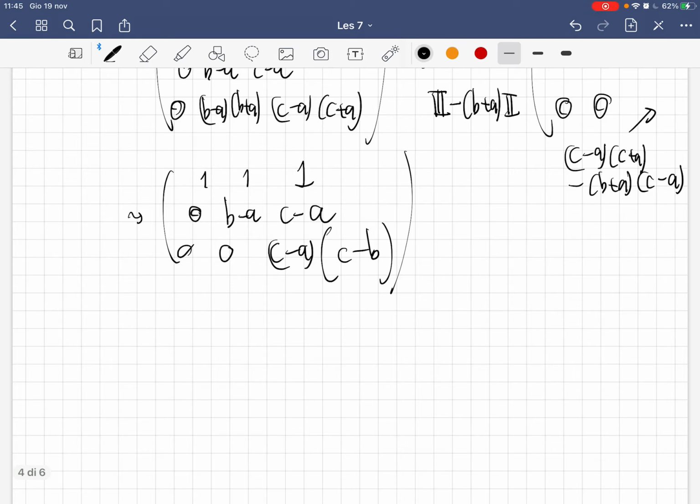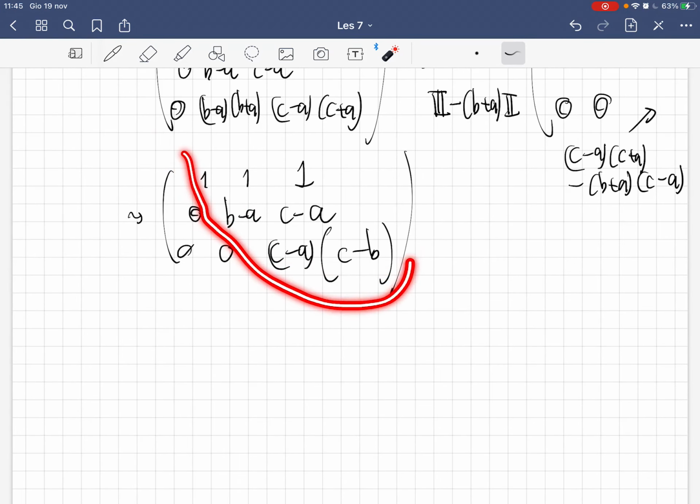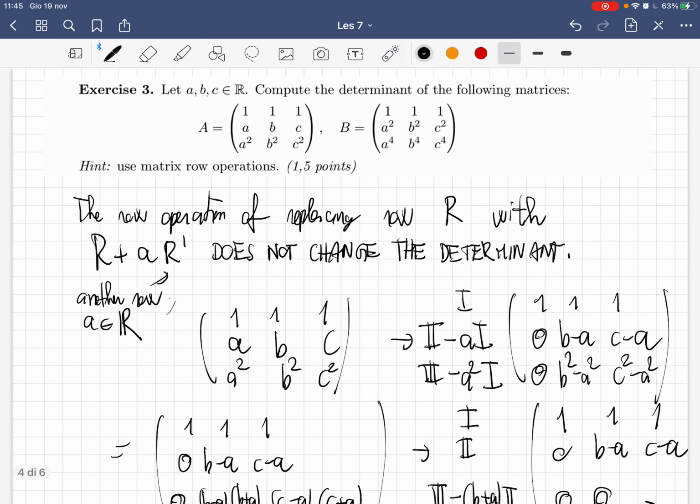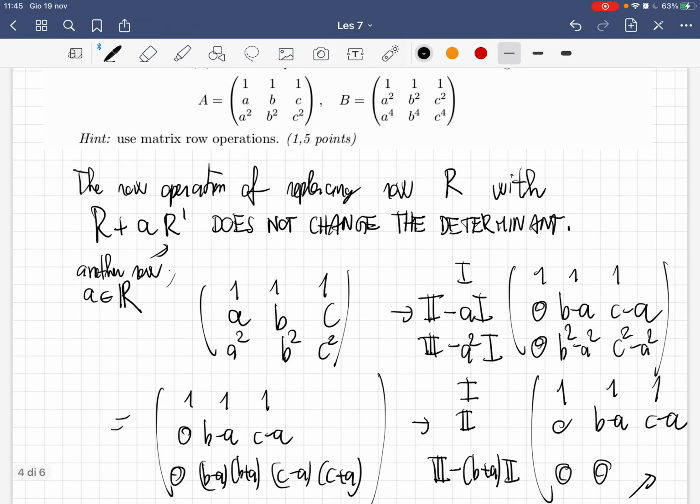I've told you, but you can check it with the Laplace formula along this column, that the determinant of an upper triangular matrix, so something like this, is given by the product of the terms in the diagonal. So after summing up, you have this original matrix.